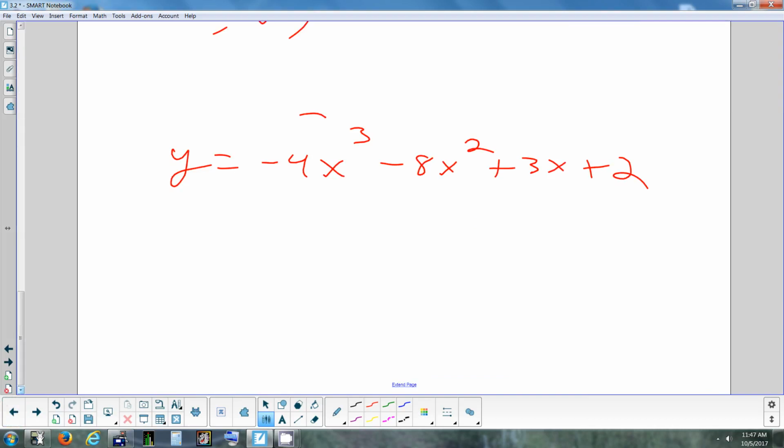And that's this right here. All this other stuff doesn't really matter. Maybe this other stuff would cause little twists and turns, or it might shift the graph or stretch it a little. But if you want to know the end behavior, all you have to do is look at the number in front and the highest exponent. It all depends if the number in front is positive or negative, and if the exponent is even or odd. But that's all you need to know.